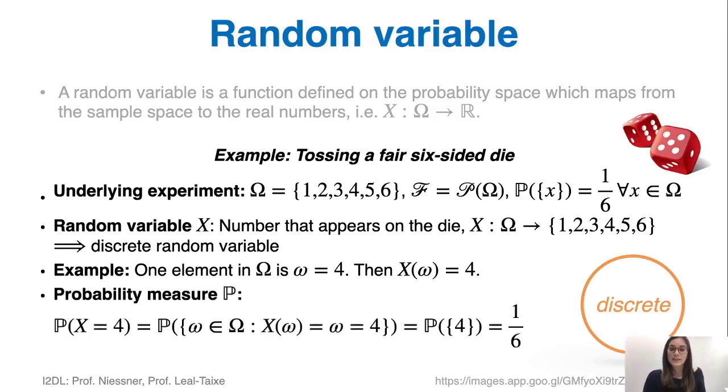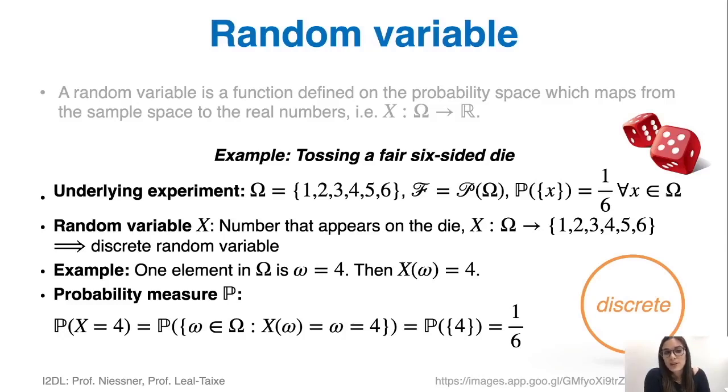And now we defined in the first line our probability measure. So now you can see P of X equals 4. This is something which we always write like P, and then we use the random variable equals something. So the probability that X equals 4 is the same as the probability of the set of all the omegas in our big omega set such that X of omega equals 4.